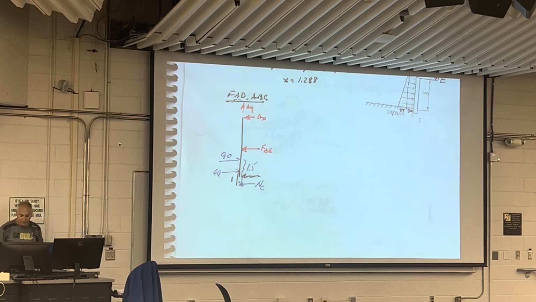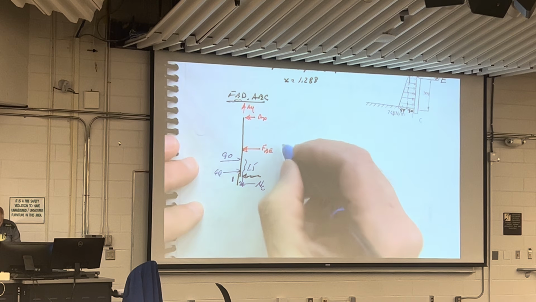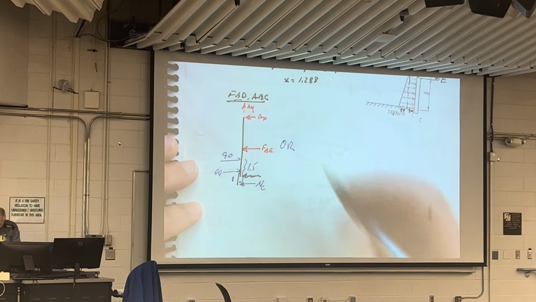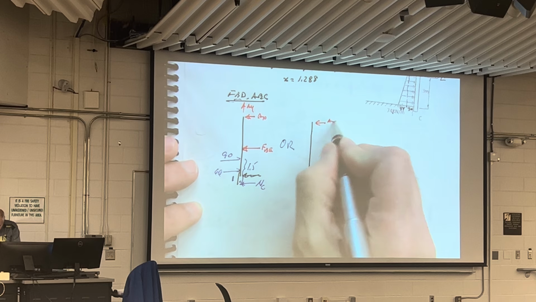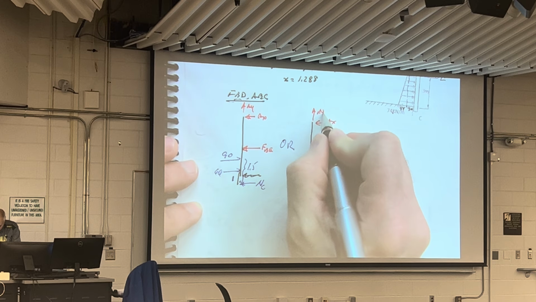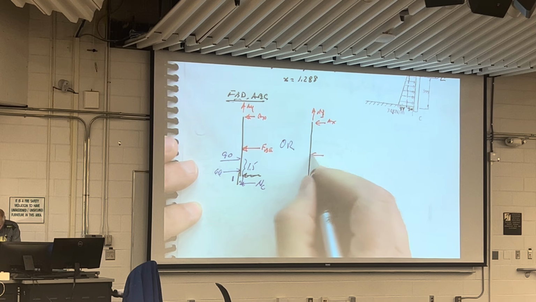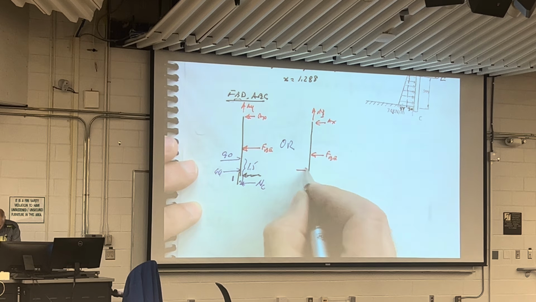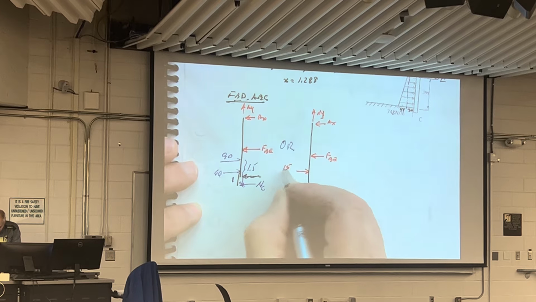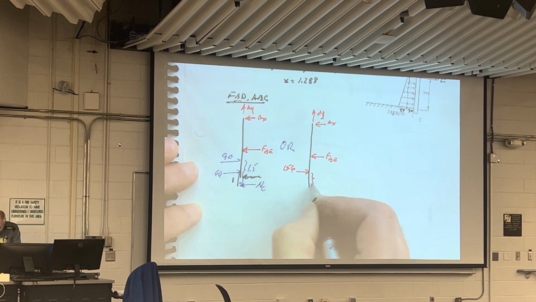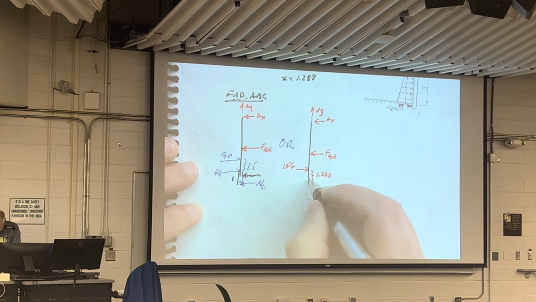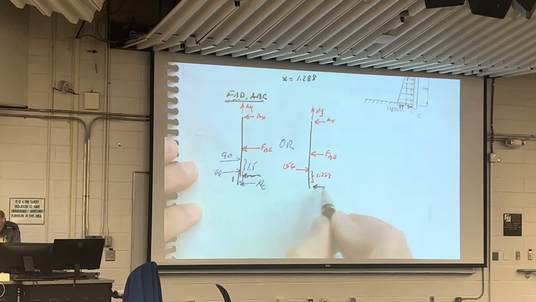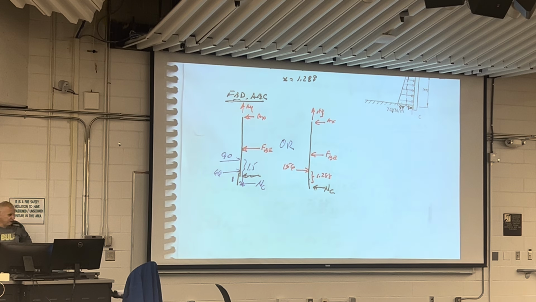I could do that, or I could draw a free body diagram, or I could just say AX, AY, single force FBE, single force 156 acting 1.288 away from C, the normal force.